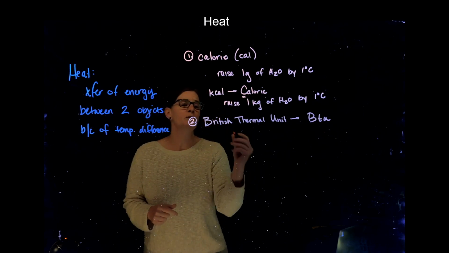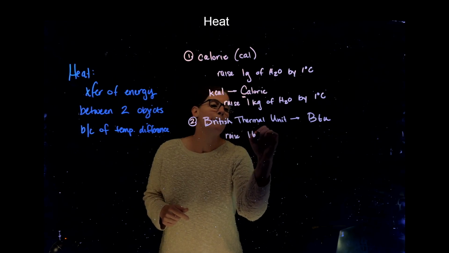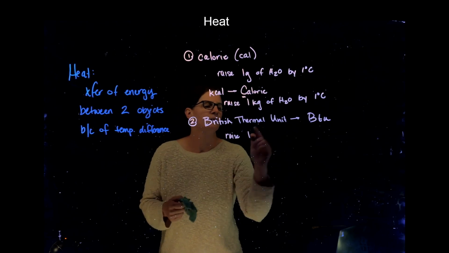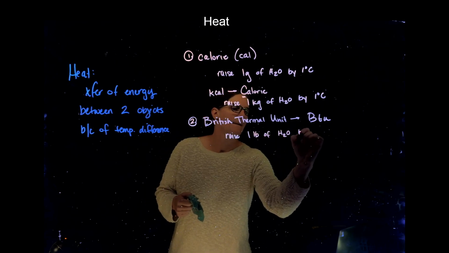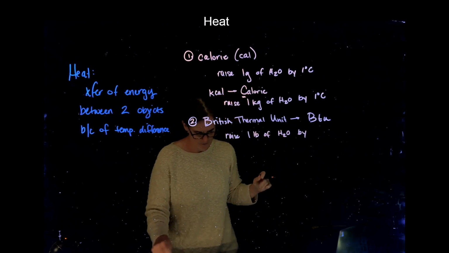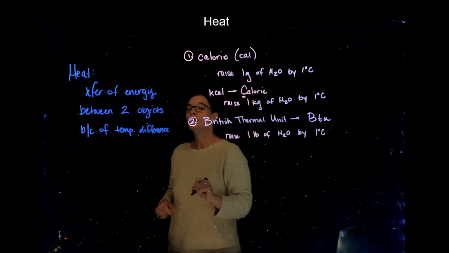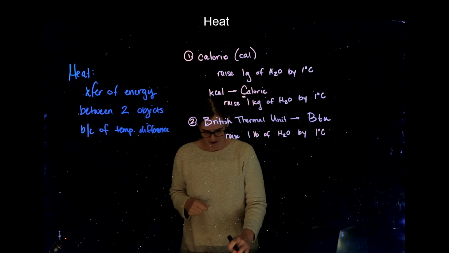Now, a BTU is the energy that's required to raise 1 pound of water by 1 degree Celsius. So that's what a BTU is. So we talk about heat in calories, we talk about heat in BTUs.